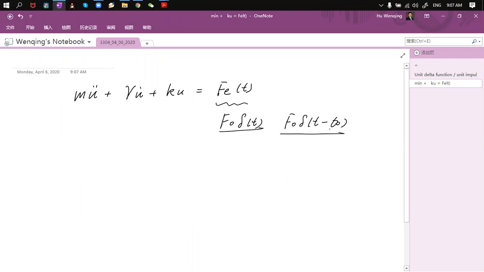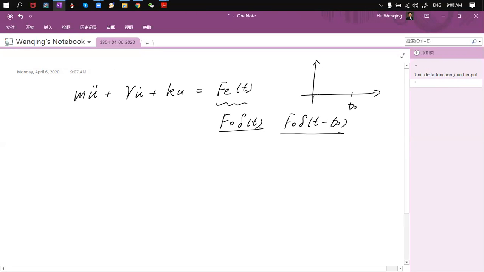If you shift delta to t minus t0, you are considering an impulse that happens at point t0. Before this time it is 0, it suddenly has an impulse, and then comes back to 0 again.